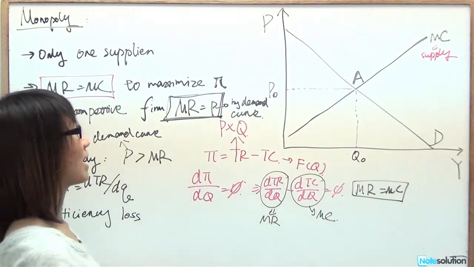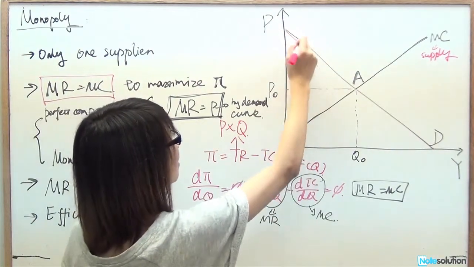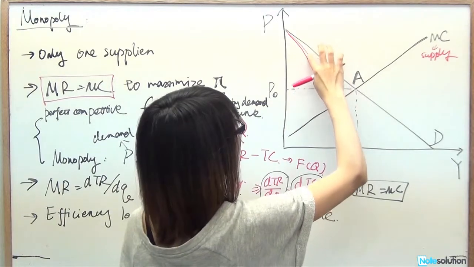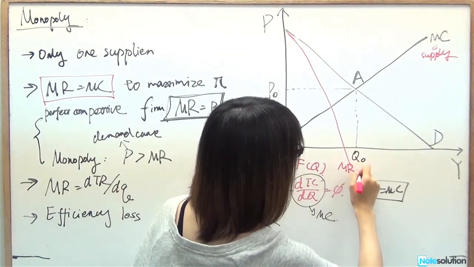But now if we are the monopoly market, we set marginal cost equal to marginal revenue.